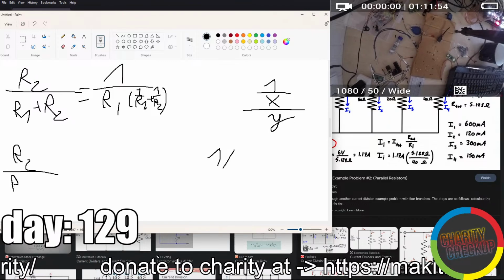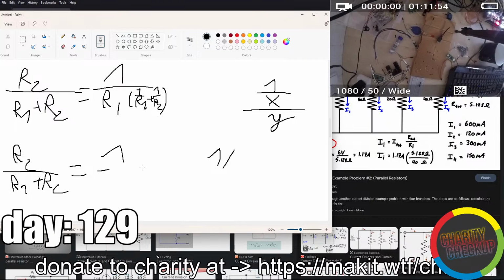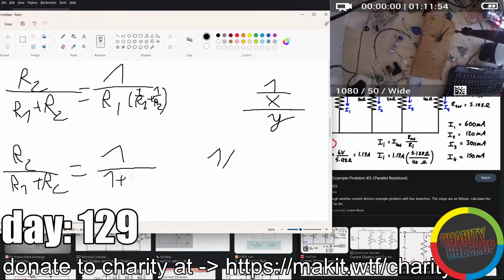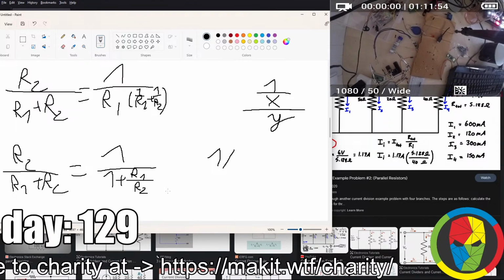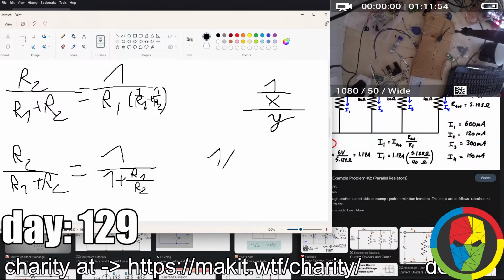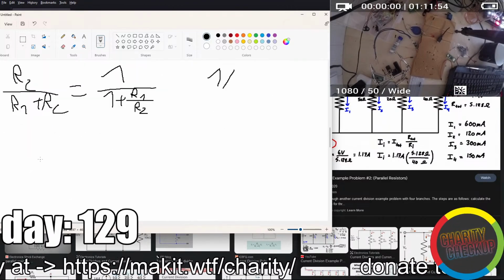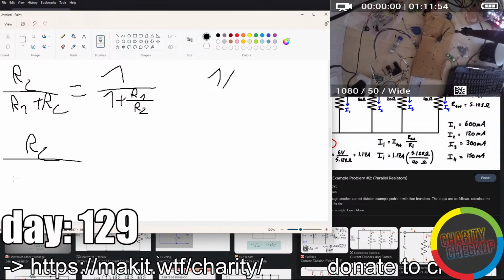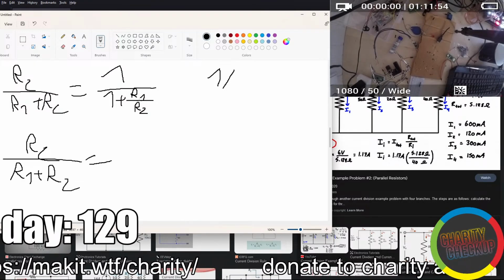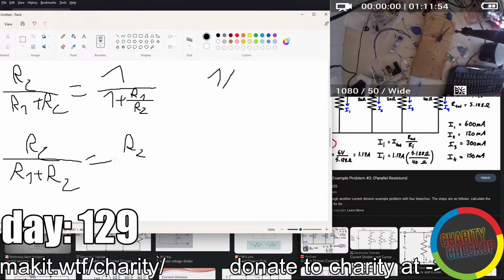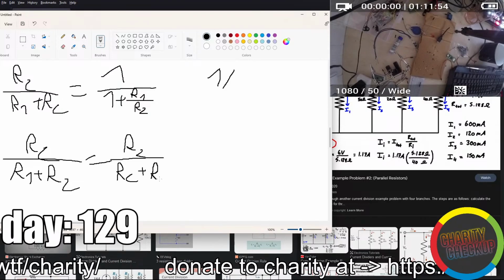Actually, no, wait, it seems correct. Plus R2 should be equal to 1 divided by 1 plus R1 divided by R2. These two should be equal. Now we can multiply both the bottom and the top by R2 and we get R2 divided by R1 plus R2 is equal to, multiply top and the bottom by R2, we get R2 divided by R2 plus R1.